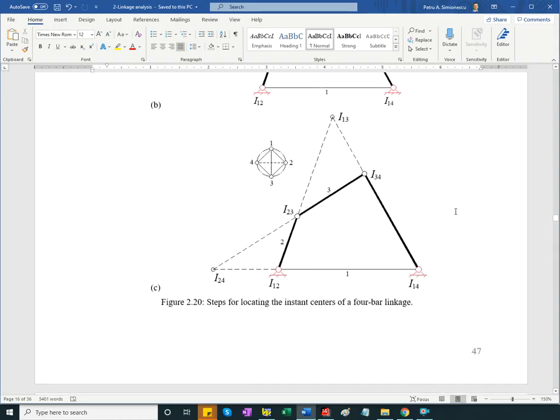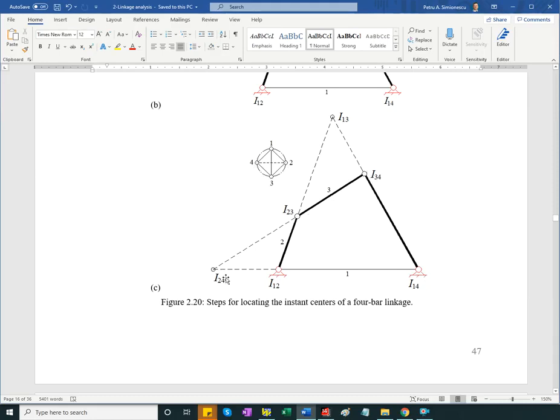There's another one left to find, and for that we do the same. We're dealing with Kennedy line 1, 2 and 4 that we're going to intersect with Kennedy line 2, 3 and 4. How do you draw Kennedy line 1, 2, 4? Well, you take instance centers 1, 2 and 1, 4, draw a line, and then we go with instance centers 2, 3 and 3, 4, draw a line, extend it.